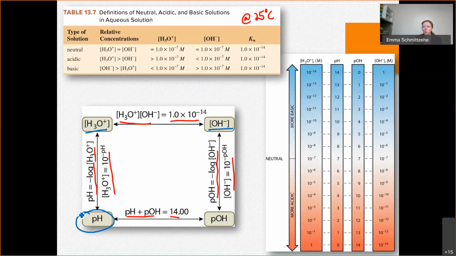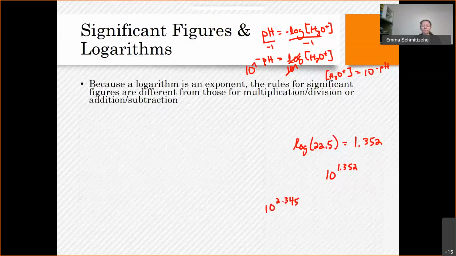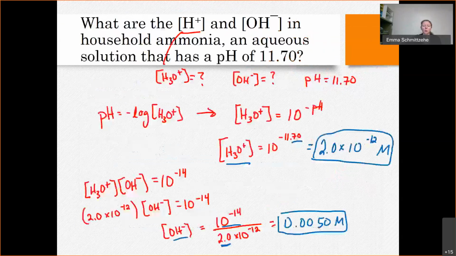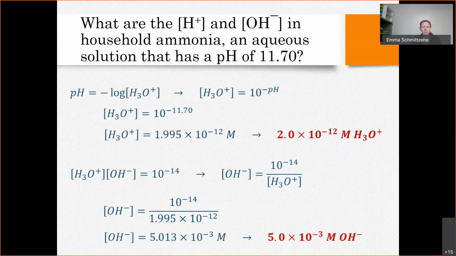First I took that pH and used that equation to go to the hydronium. And once I had the hydronium, I used this equation to go to the hydroxide. So you just follow the paths around that box to get what you want. So those are those answers.